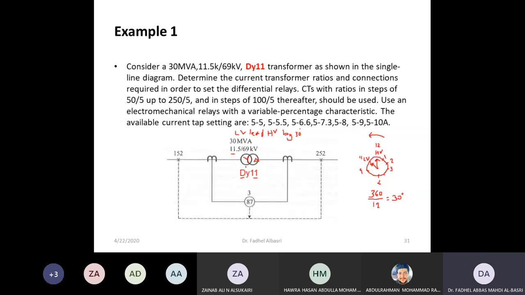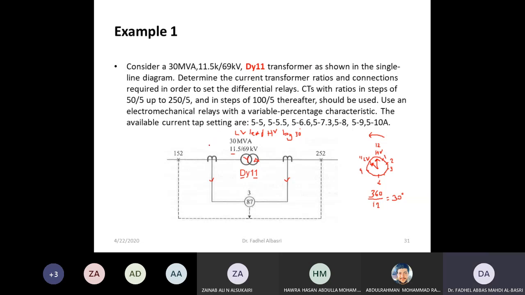This is what DY11 means. So I have this relationship: if I use a CT ratio here, this current will lead this current by 30 degrees if I don't correct the phase.